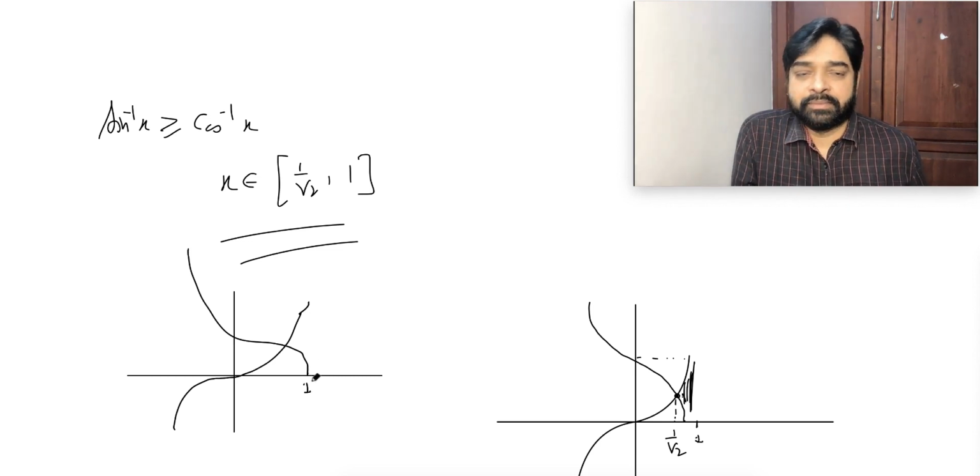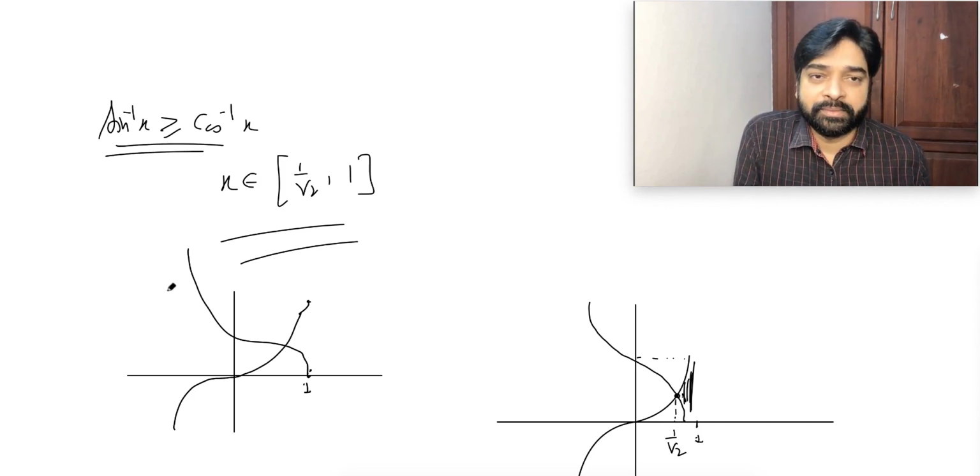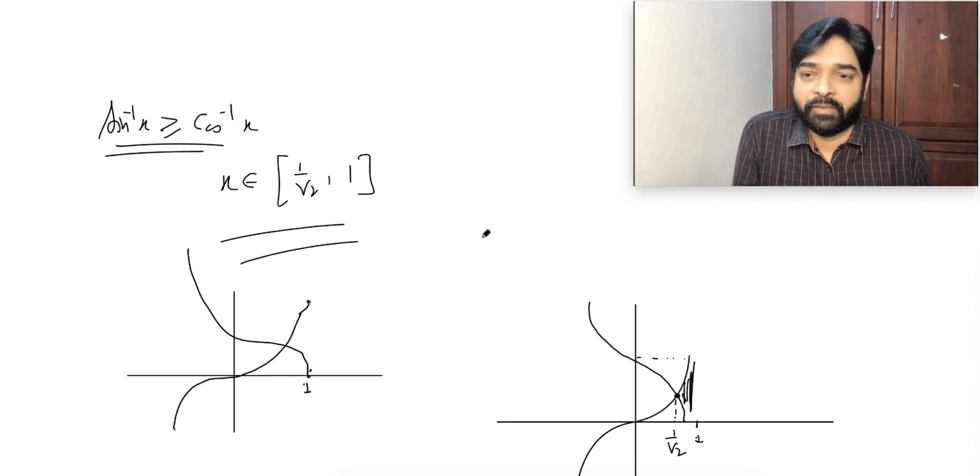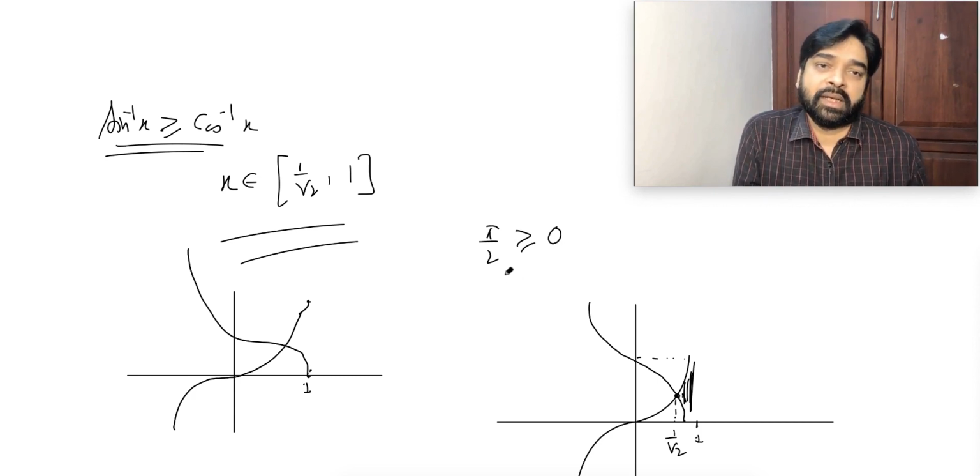At 1, cos inverse x is what? 0. But sin inverse x is what? Pi by 2. So will x equal to 1 satisfy this condition or not? It will satisfy. Sin inverse 1 is pi by 2, cos inverse 1 is 0. Pi by 2 is greater than or equal to 0, greater than 0. Yes or no?